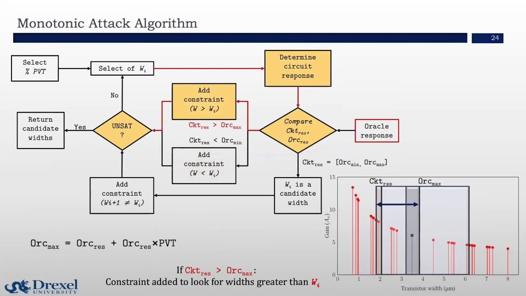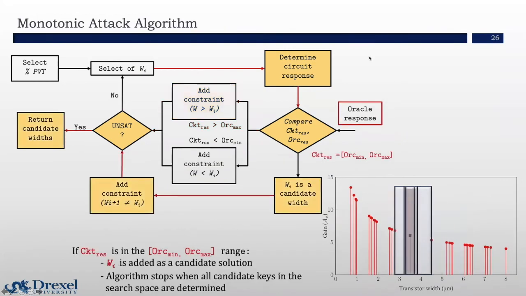Similarly, if the randomly selected Wi produces a circuit response that is greater than the oracle max, that is the target plus variation, then constraints are added to look for a width that is greater than Wi. In this way, the algorithm prunes the key space until a width that produces a circuit response in the range of oracle min and oracle max is determined. Such a width is considered as a candidate solution. The algorithm terminates when all the candidate keys in the search space are determined.